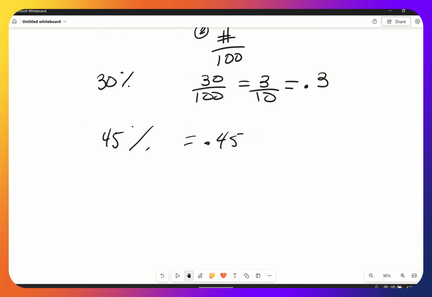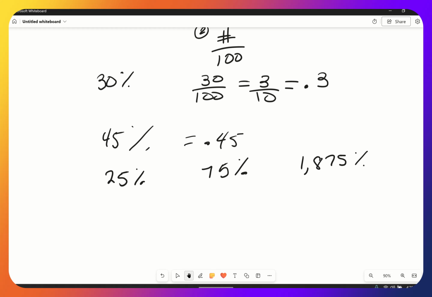For example, 25% and 75%. If we were to multiply these, 25 times 75, this is 1,875%. This just doesn't make sense.